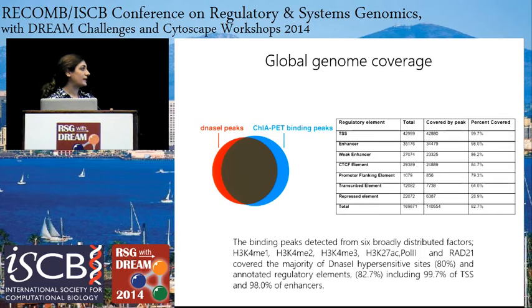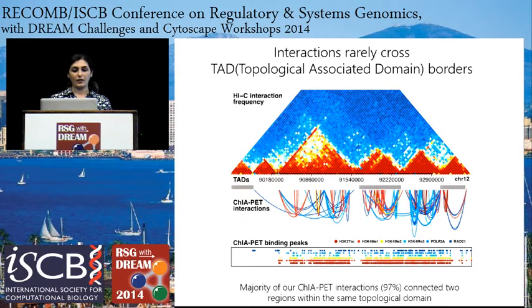With the binding peaks from these 6 factors, we could cover almost 80% of DNase hypersensitive sites, which was very high coverage. We also covered 82% of our annotated regulatory elements defined by ENCODE, including 99% of TSSs and 98% of enhancers.